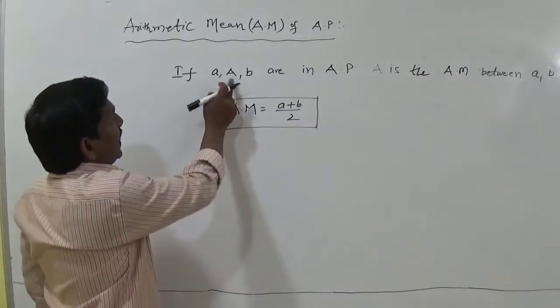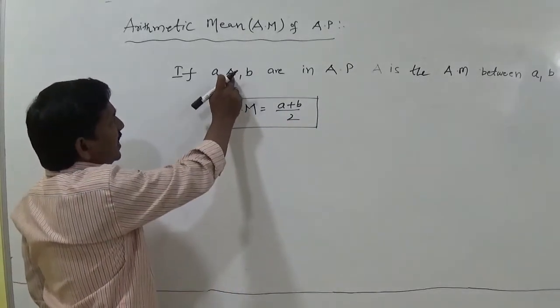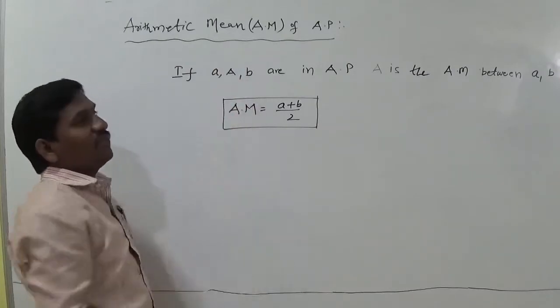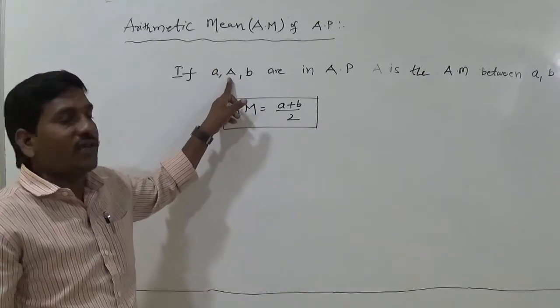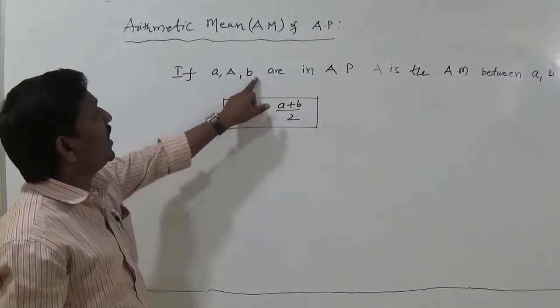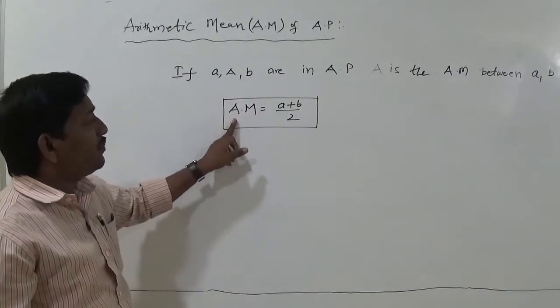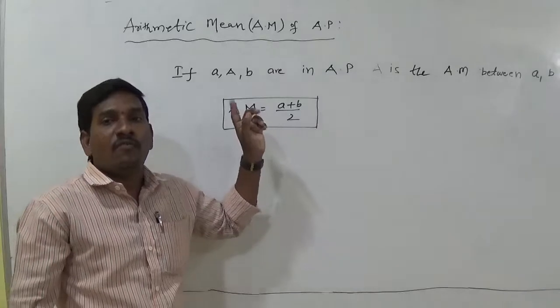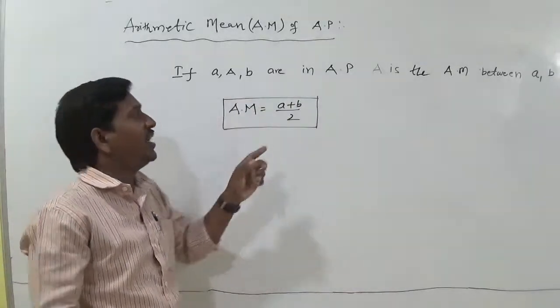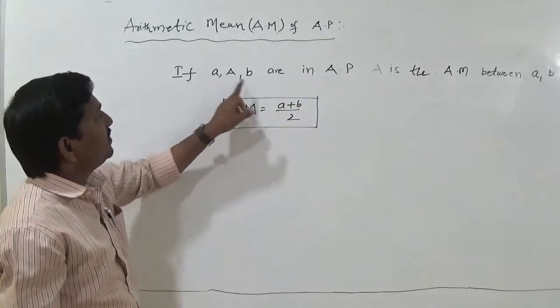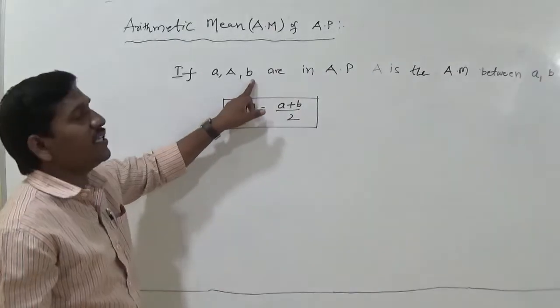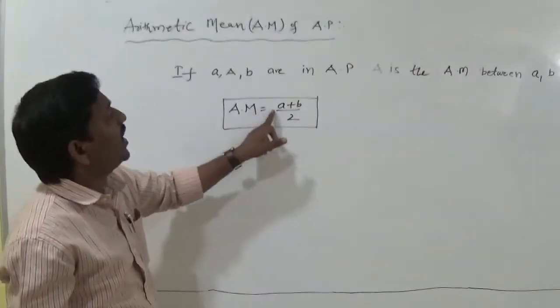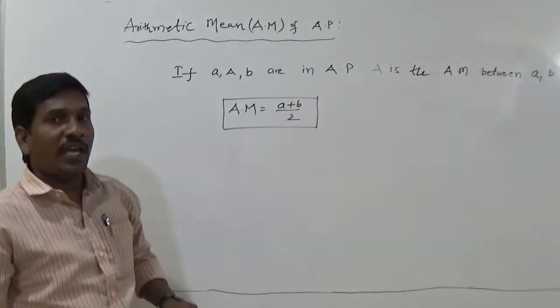Here A means arithmetic mean. This is also one of the terms. It is between a and b. If you want to calculate the arithmetic mean, it is the average of the first term and last term. Here three terms are there: a is the first term and b is the last term. The average of a plus b.